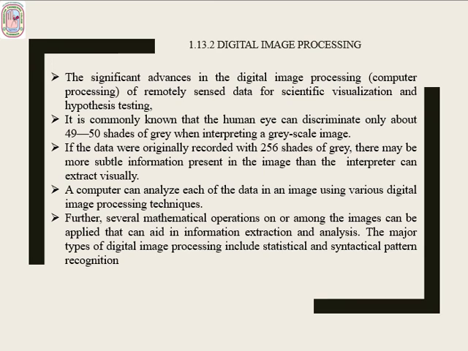So, there are significant advances in digital image processing, or computer processing of remotely sensed data, for scientific visualization and hypothesis testing; we need to feed the information into the system. For example, using machine learning models. Nowadays, all the people are using machine learning models or deep learning models to identify, segment or analyze the data.